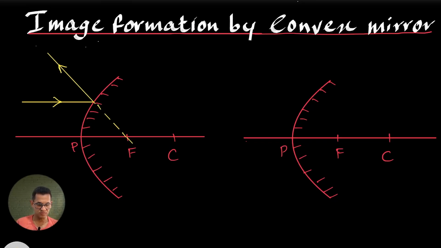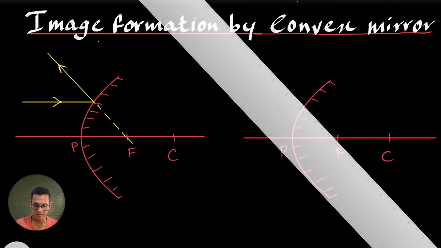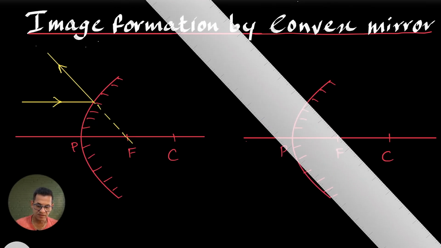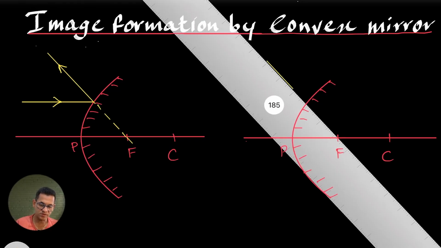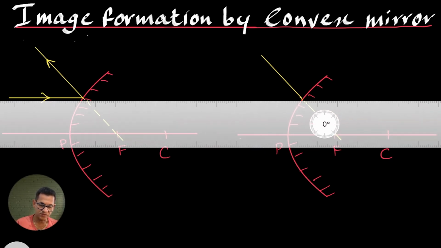The second rule is kind of opposite to first one, I can say. If a light ray appears to pass through focus, something like this, then after reflection it will travel parallel to the principal axis.